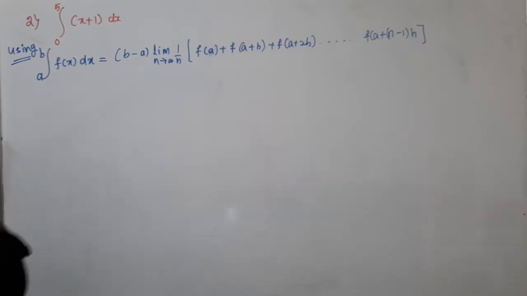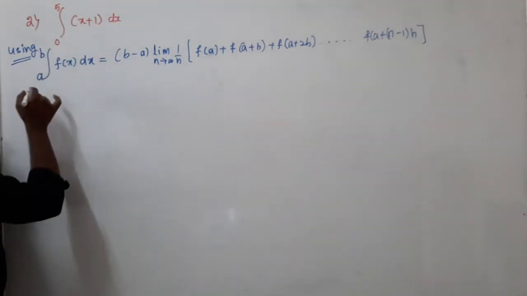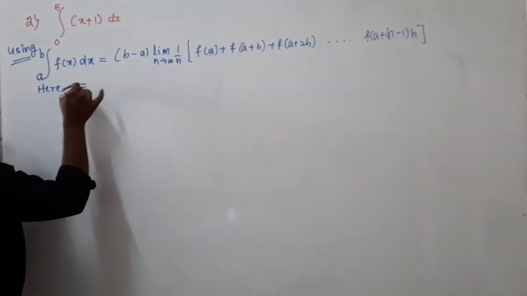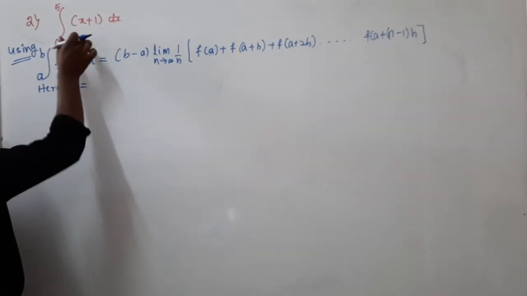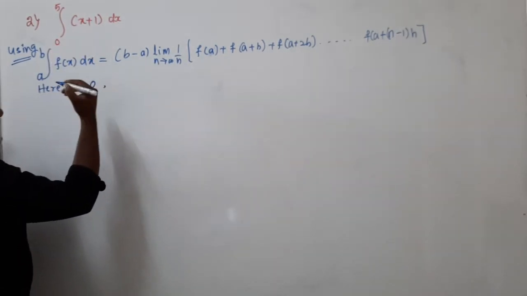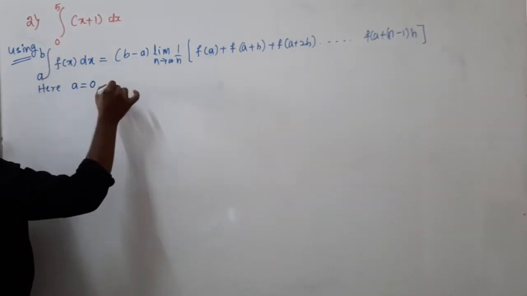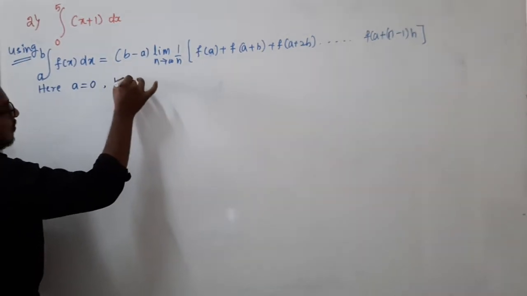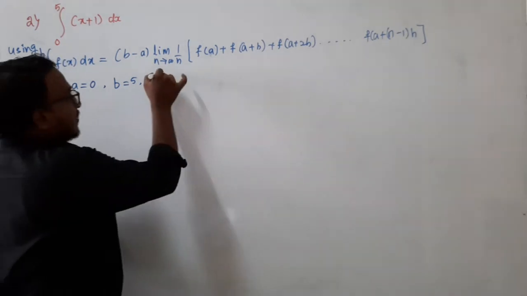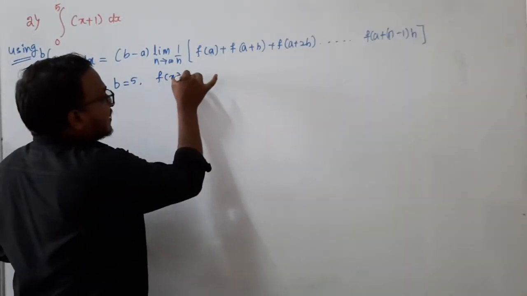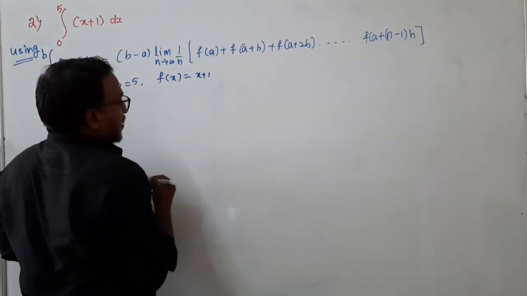In this question we are denoting the lower limit as a. What is the lower limit? That is a equals 0. Next, the upper limit b is equal to 5, and f of x is equal to x plus 1.